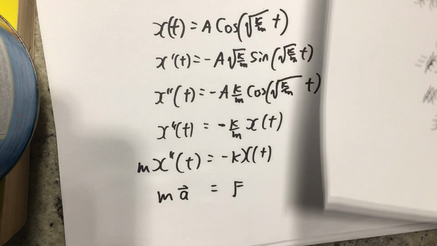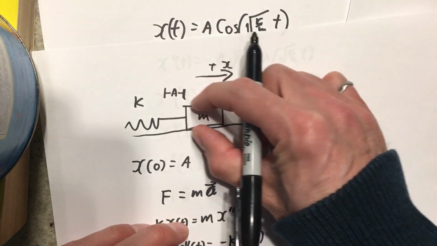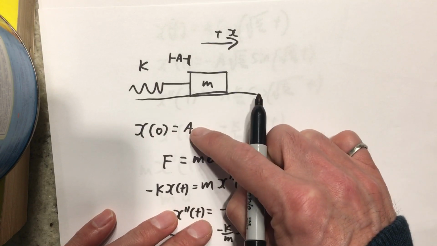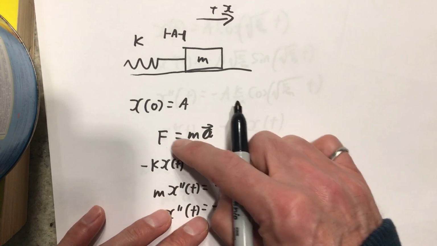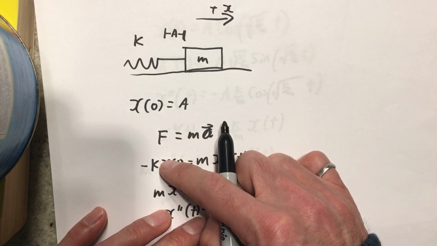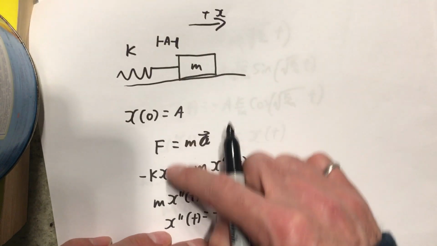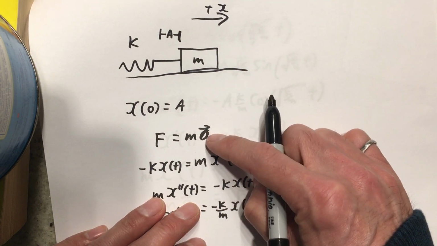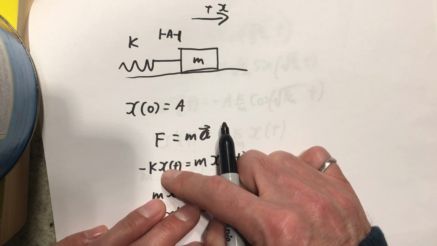So to recap, we start out with the situation. When we give that a pull, we write down our initial condition and Newton's second law. We then understand that the force from Newton's second law here, well, the force comes from the spring, is equal to this. And mass times acceleration, well, acceleration is the second derivative of that very position that's giving us the force.